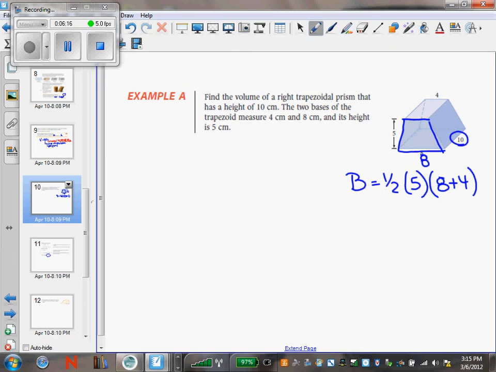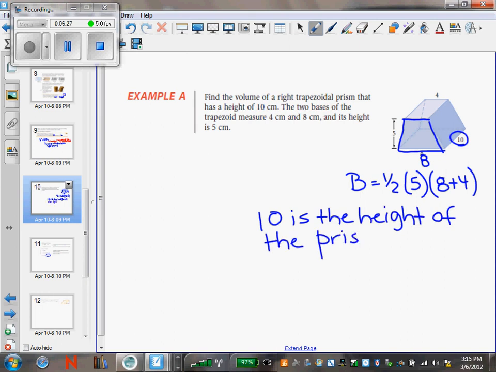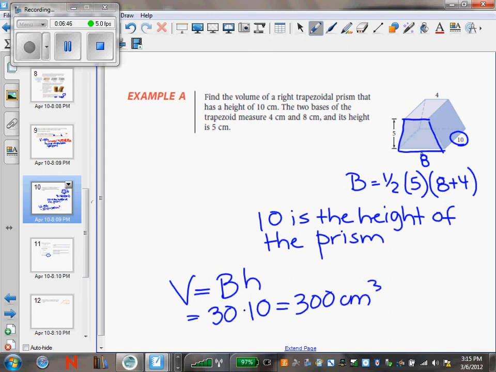So 10 is the height of the prism. So our formula, volume equals big B times H, will be 1/2 of 5, 8 plus 4. So that's the 30 times the height of the whole prism, which is 10, to get the 300 centimeters cubed.